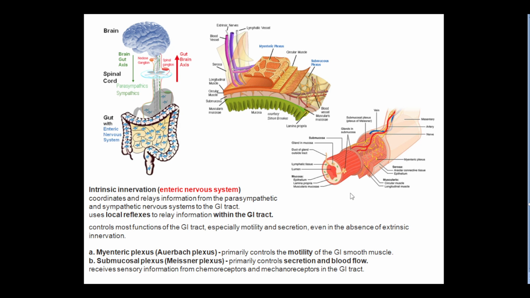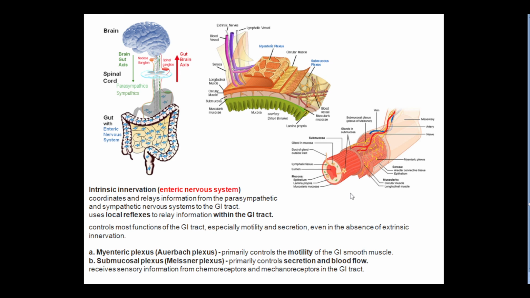So what's the use of intrinsic nervous system or enteric one? It will coordinate the activity or regulation of the sympathetic and parasympathetic. But it also uses local reflexes to operate within the GI tract. It controls most of the functions of the GI tract, especially motility and secretion.